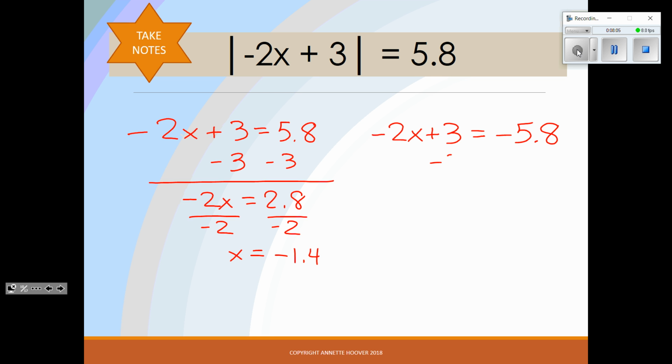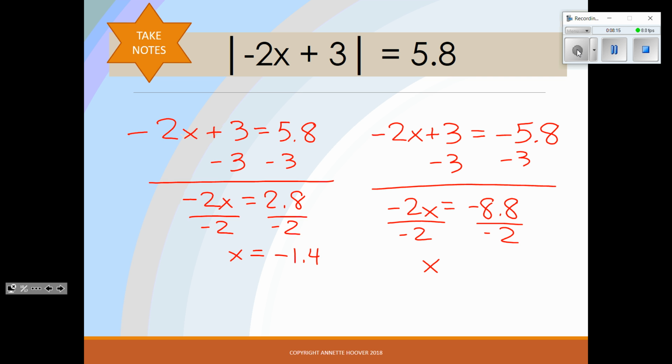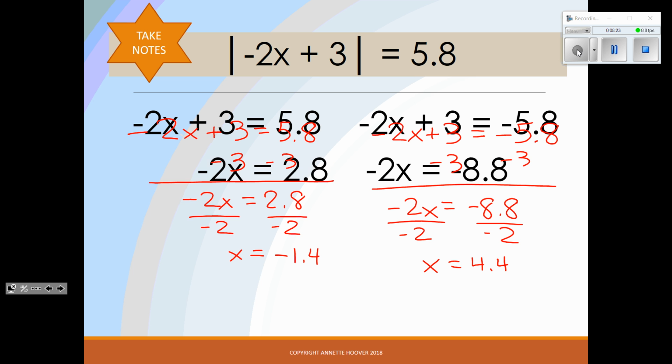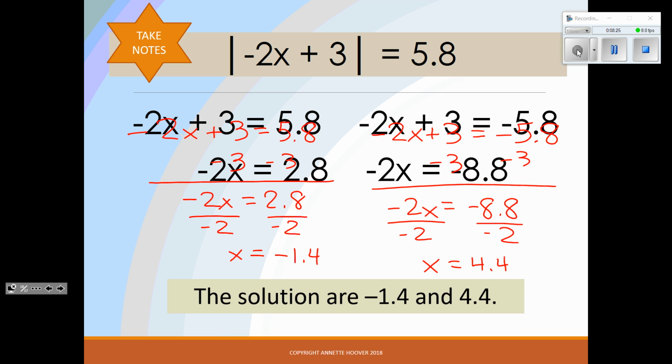On this side, we subtract 3 on both sides, and we have negative 2x is equal to negative 8 and 8/10. And when you divide both sides by negative 2, x is equal to a positive 4 and 4/10. Two possible solutions. Now, to make sure, you would always have to plug those back in to see if they both check, to see if they are indeed solutions.